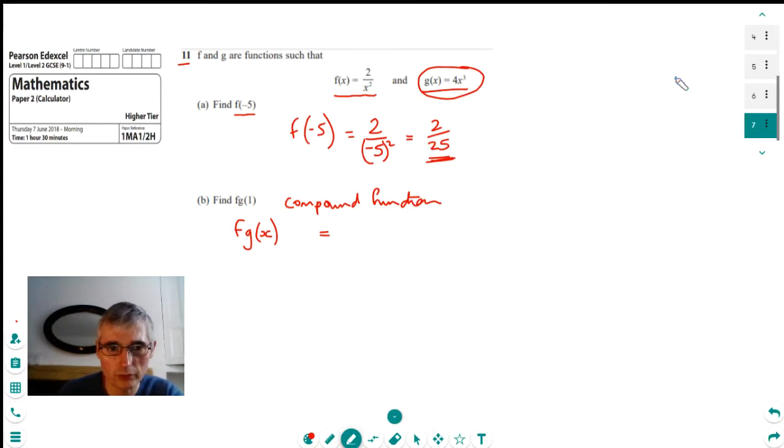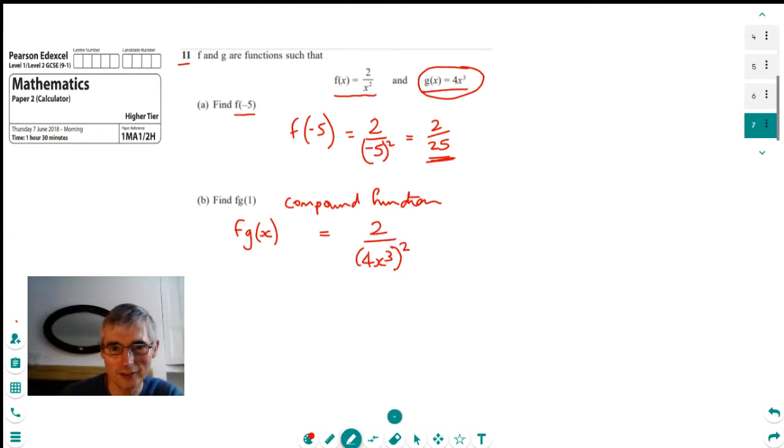So what we end up with is 2 over, we could write a big bracket where we see the x in the f of x function, and in it, instead of writing x, write 4x cubed, and then we can put the squared on the outside. So that's our compound function, but just in terms of x.